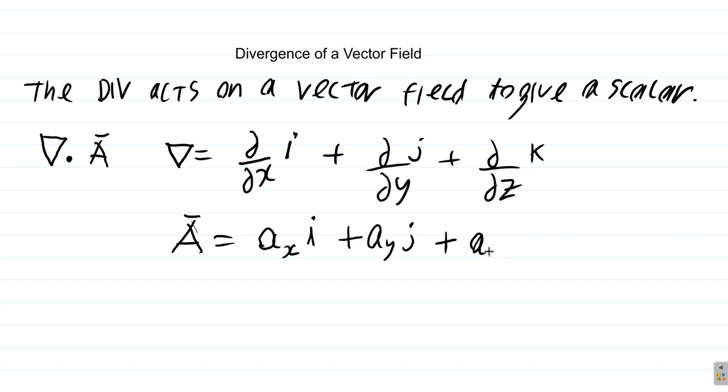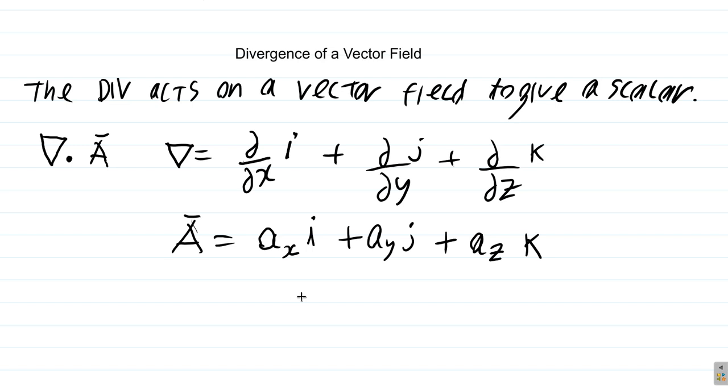And then Az in the direction k. Alright. Ax is a function, right? It could be x squared, it could be 3x plus 2y, or 3x y squared, whatever it is. Right?